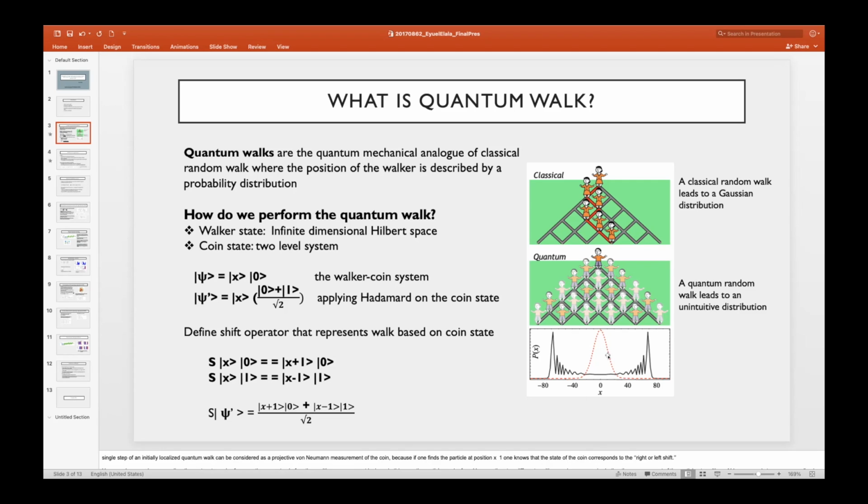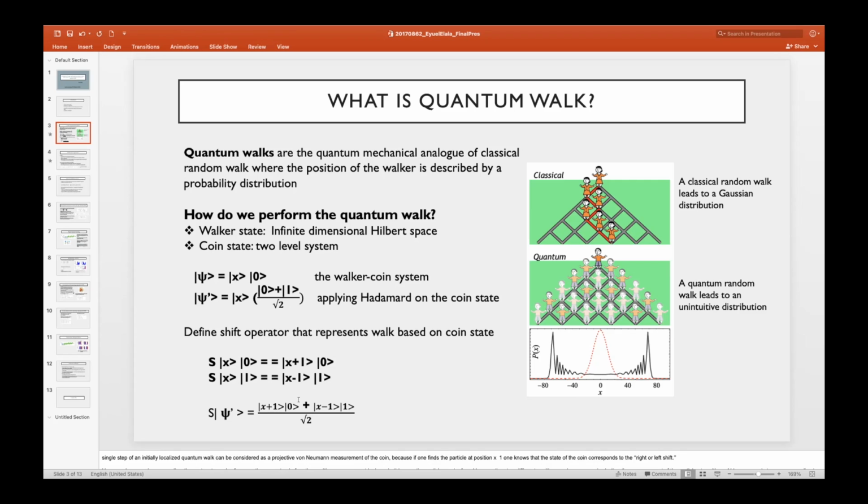So we can expect it to be Gaussian for the classical case, but for the quantum, let's say we prepare a superposition state, and then we apply a shift operator.